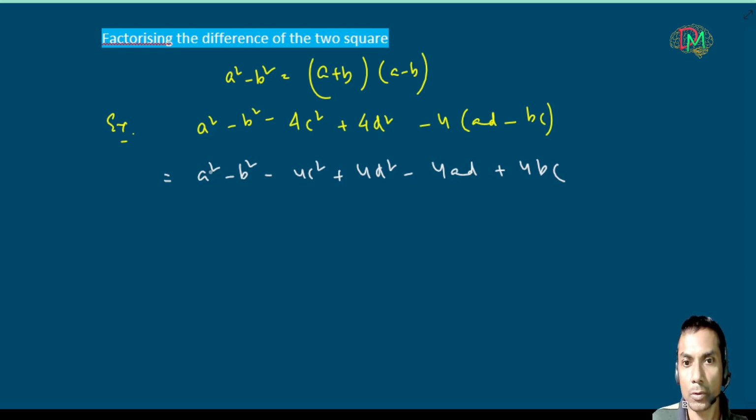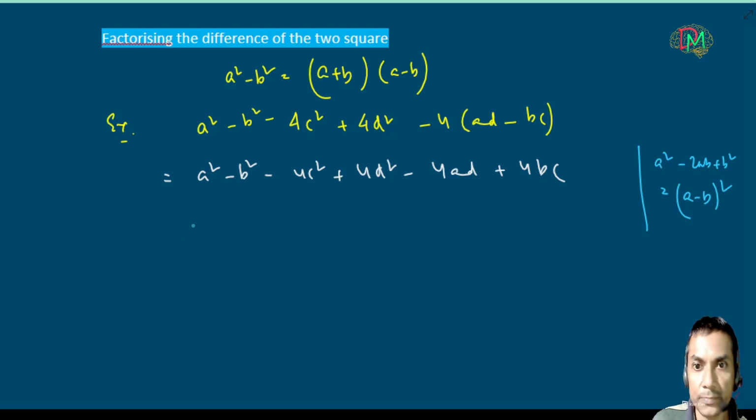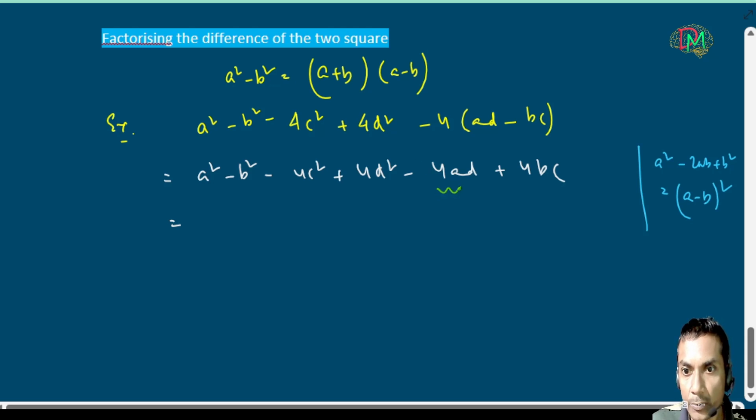So one thing we can do, that is a square, and here it is ad, so we have to find out the a square and d square, so that we can apply this algebraic identity, that is a square minus 2ab plus b square, so that we can get the (a minus b) whole square. Clear?